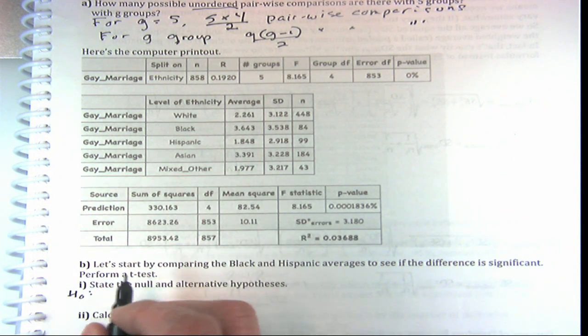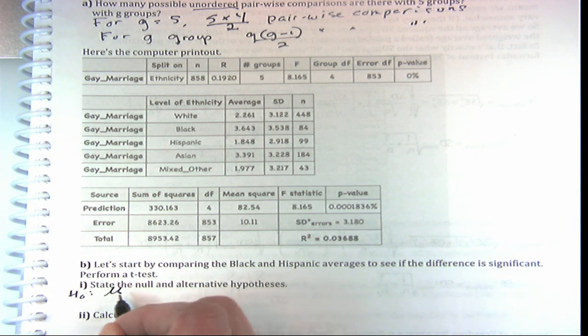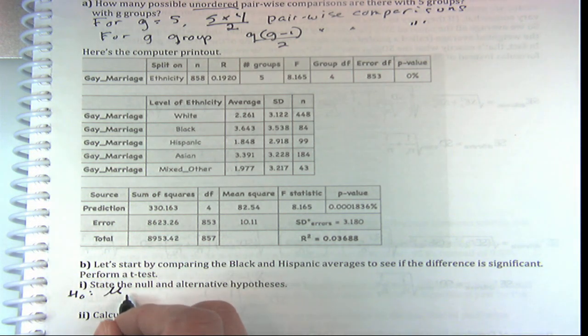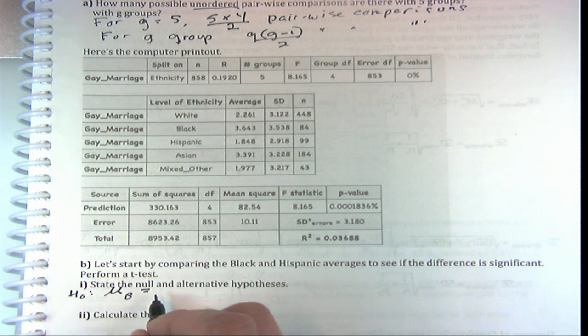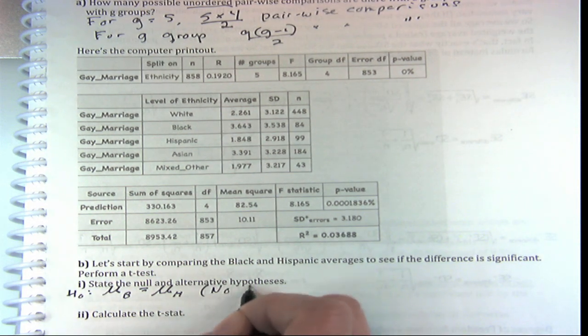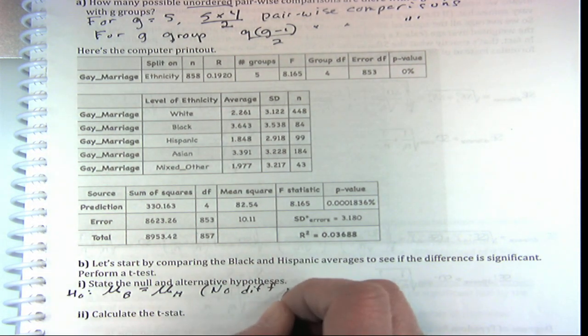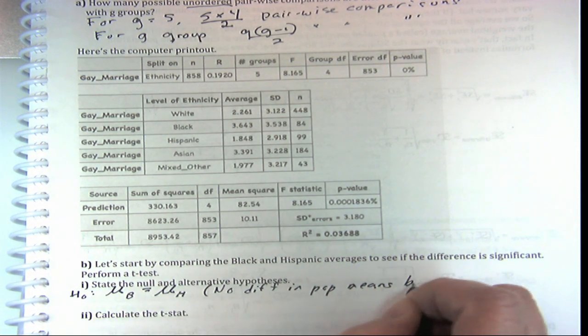So our null hypothesis is the usual one, that in the population, that's why I'm saying mu for the blacks, the mean in the whole population of possible or typical Stat 100 students that we're assuming these 858 were randomly sampled from, that the blacks mean and the Hispanic mean are the same, that there's no difference in population means between the two groups.